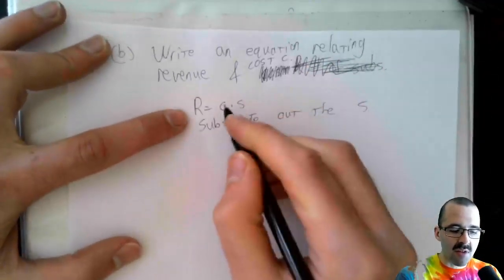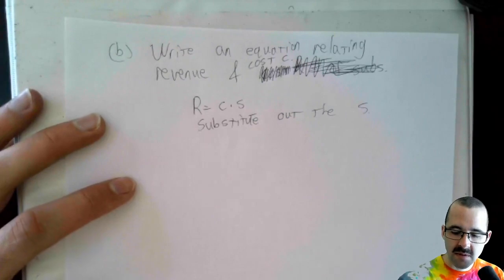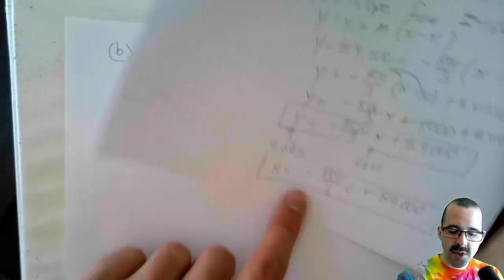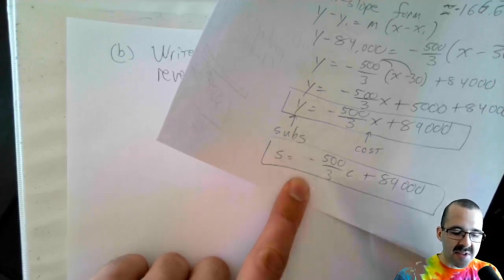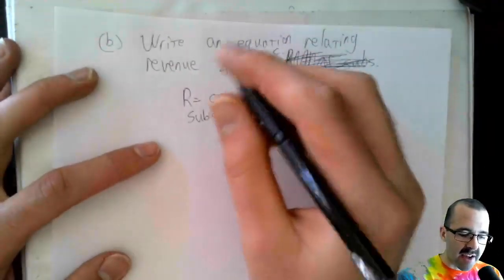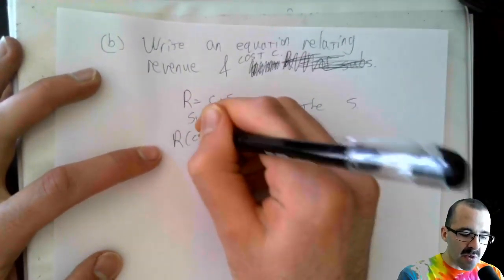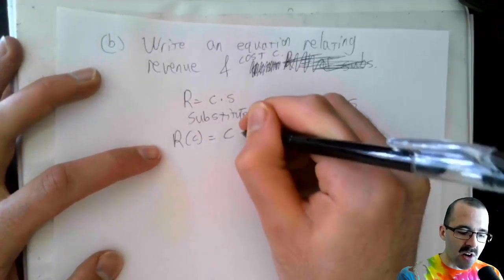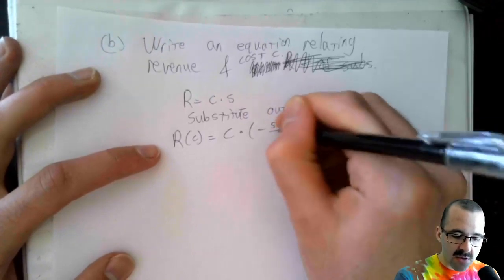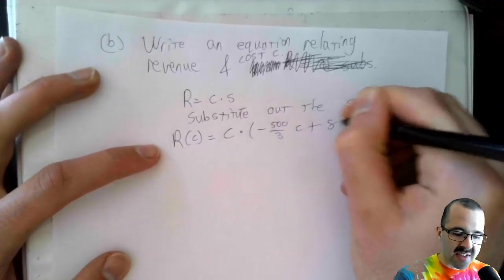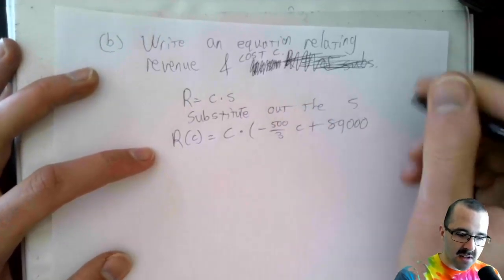So then we'll have a function of only one variable. So s, we just said, was equal to all this. So we substituted out and replaced the s with all that. So the revenue is a function of C, and it's equal to the cost times the number of subscribers, which we just said was negative 500 over 3 times C plus 89,000.